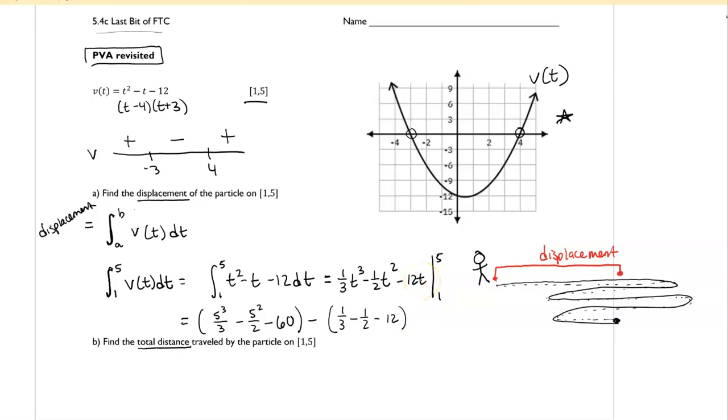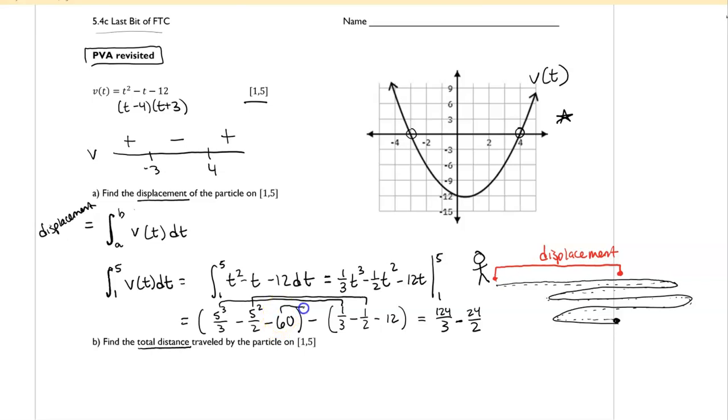Plugging 1 into there. Oh boy, here we go. That looks to be about, let's see, I'm going to do this piece by piece. 125 minus 1/3, so that's 124 thirds. Negative 25 halves minus negative, so plus, so negative 25 halves plus 1/2, that is minus 24 halves.